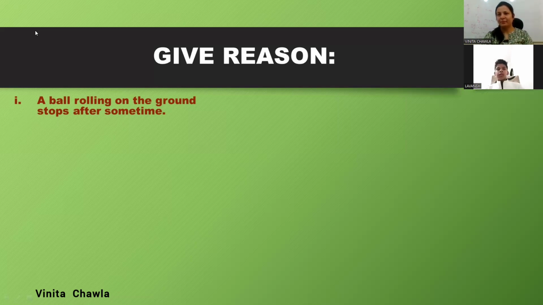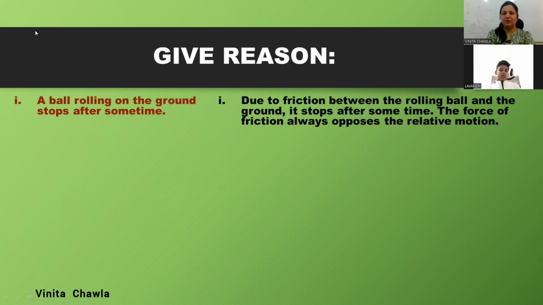Because of friction, the frictional force comes into play, which acts in the opposite direction. Due to friction between the rolling ball and the ground, it stops after some time. The force of friction always opposes the relative motion.